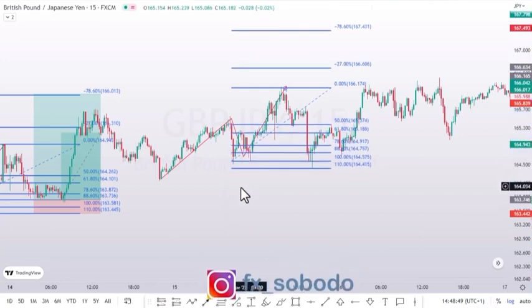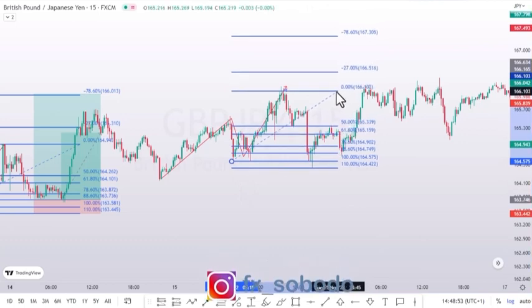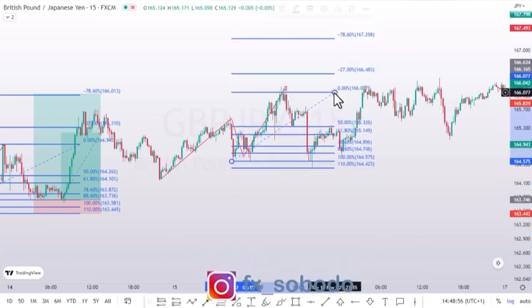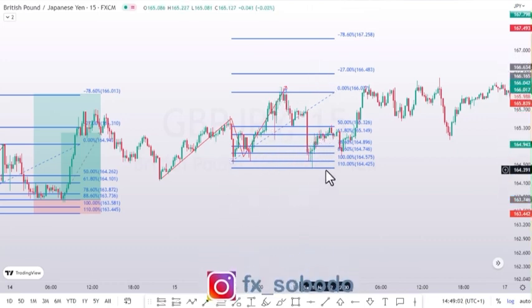On the wicks, you see, on the wicks. So here you notice price even dipped down and hit our stop loss.